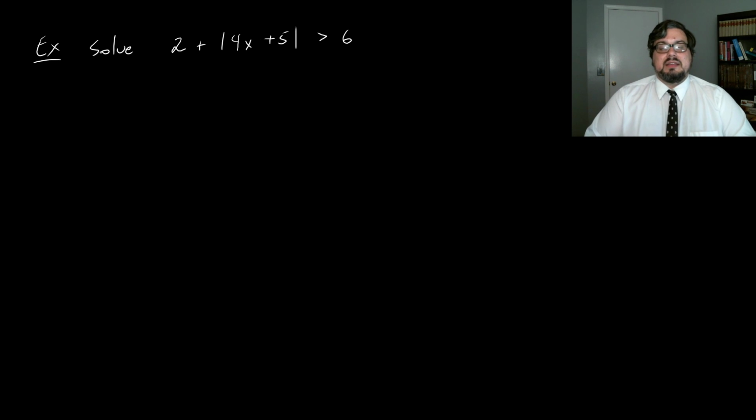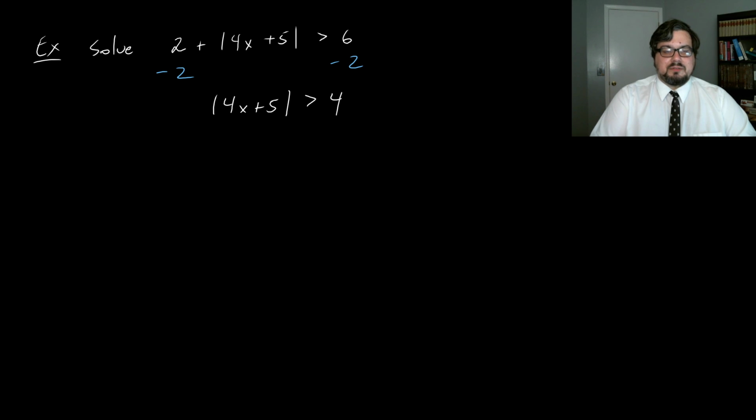So once again, if you don't have your absolute value by itself on one side of the inequality, you need to do that first. You need to get it by itself. So let's go ahead and do that. We'll subtract 2 from both sides and get the absolute value of 4x plus 5 is greater than 4. So now we're going to translate this absolute value inequality into two separate inequalities.